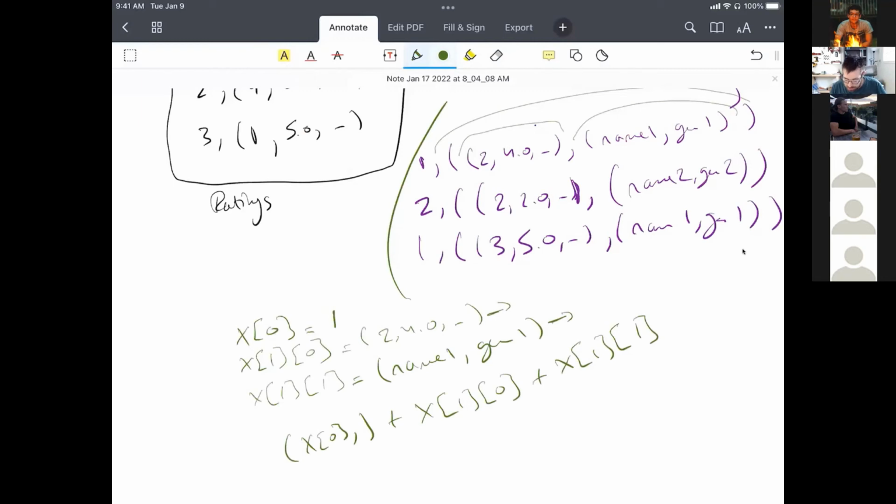And the return of this would become a big tuple of 1, 2, 4.0, the timestamp, name 1, and genre 1. Is this good for everyone? Is it clear? Yes, thank you. Okay.